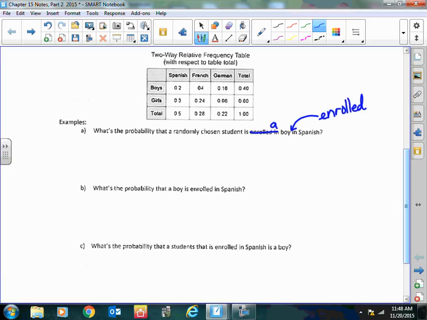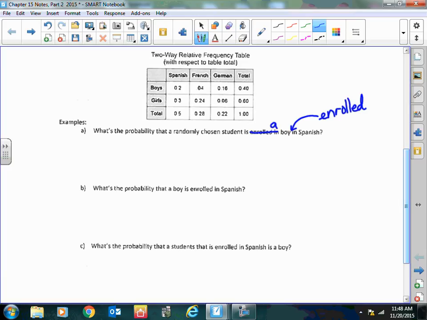And I want us to think about what statement B says before we start calculating. Statement B says, what's the probability that a boy is enrolled in Spanish? So I want to give you some major awakening that A and B are calculated differently. So let's look at the difference between them.